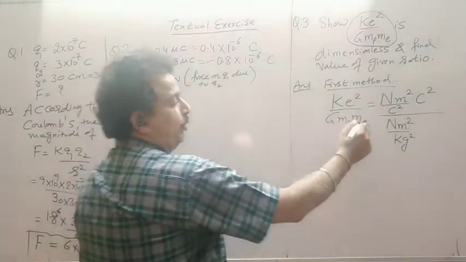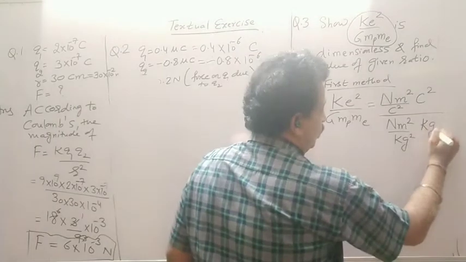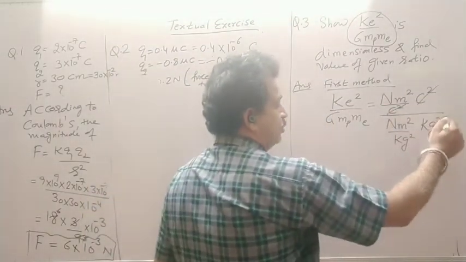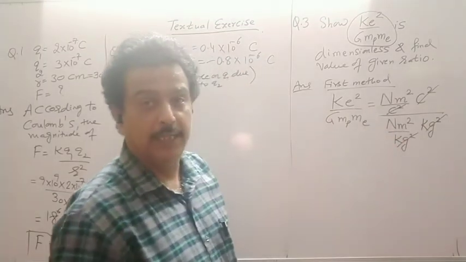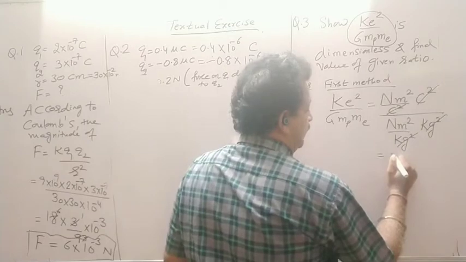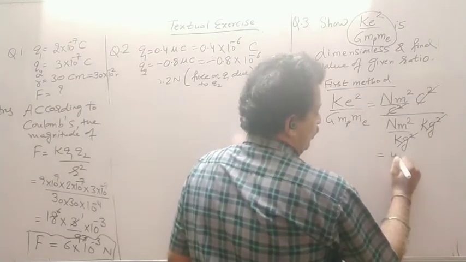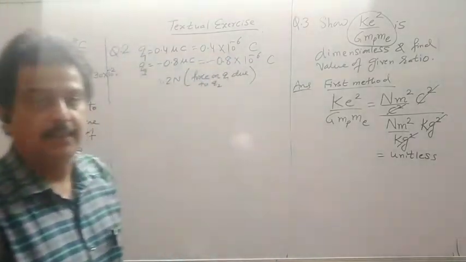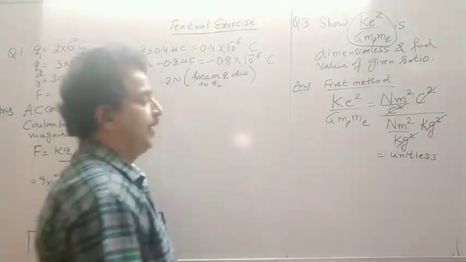Now mass of proton and mass of electron are both in kg, so kg square. So I cancel this Coulomb square with this Coulomb square, and kg square with kg square. I get Newton meter square upon Newton meter square, which is unitless, or it is 1. So this ratio is unitless.